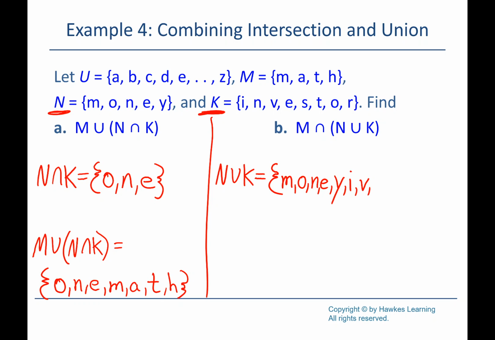We already have an E. We don't have S yet, so we'll put that in there. We don't have T yet. We do have O, but we don't have R yet. There's our union. Okay, so that's this part.